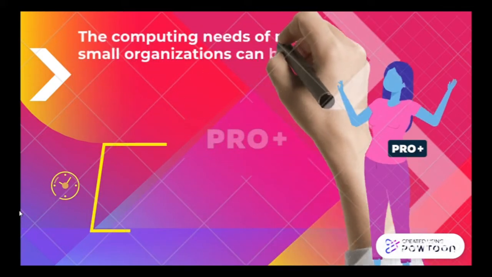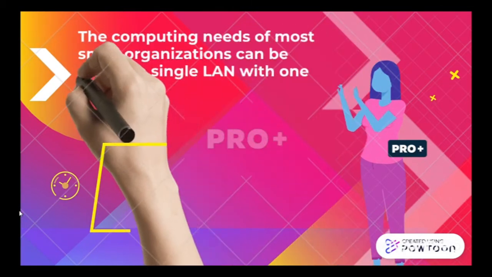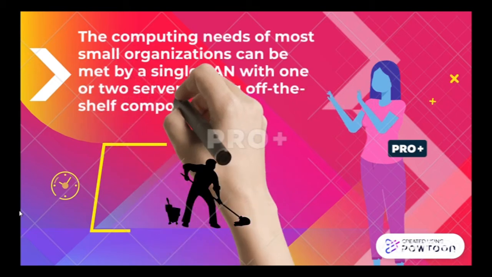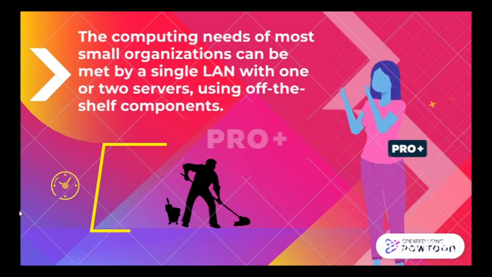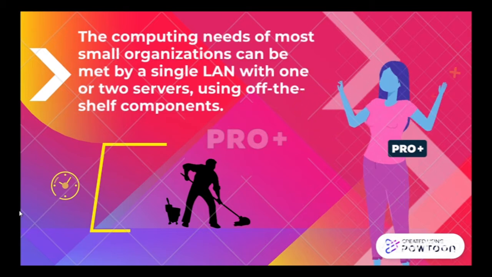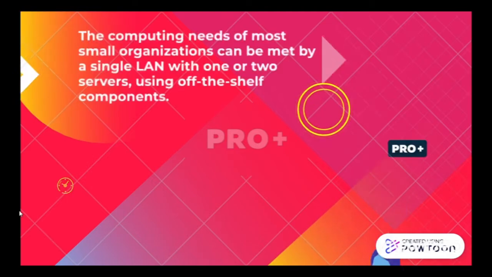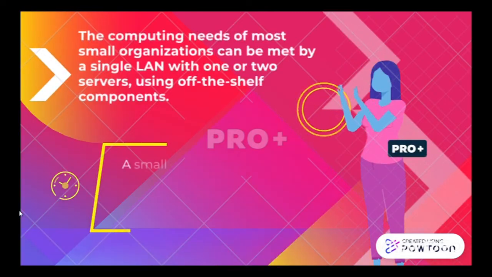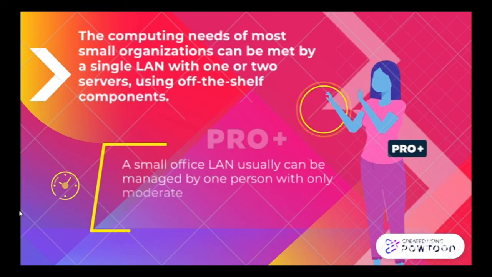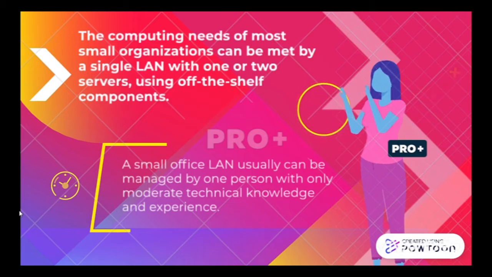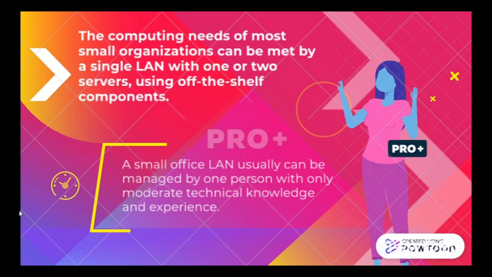The computing needs of most small organizations can be met by a single LAN with 1 or 2 servers using off-the-shelf components. A small office LAN usually can be managed by one person with only moderate technical knowledge and experience.